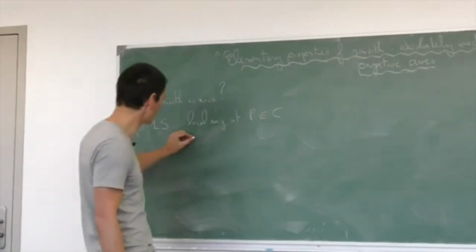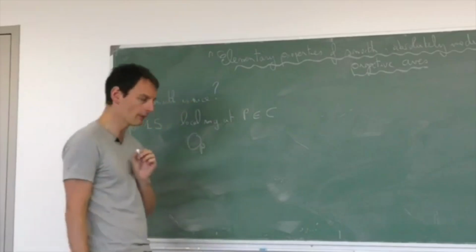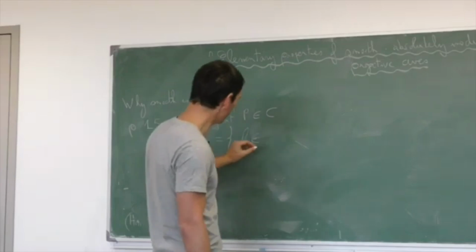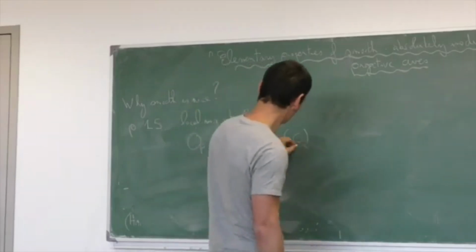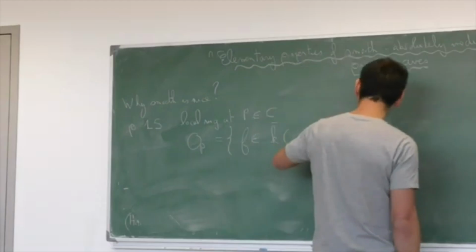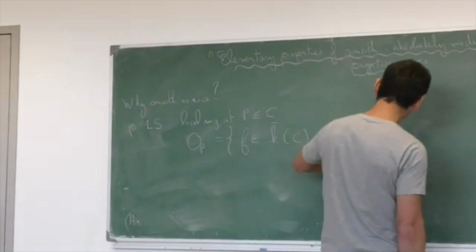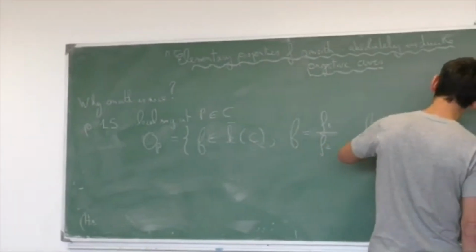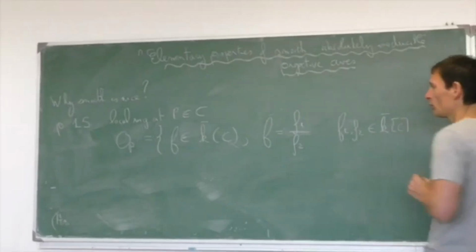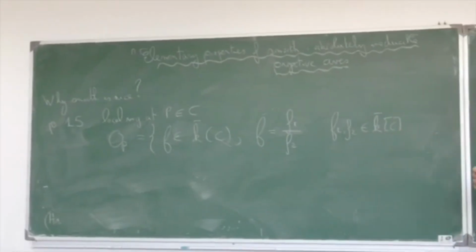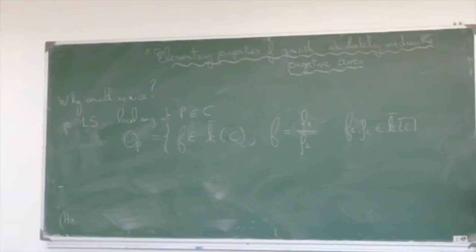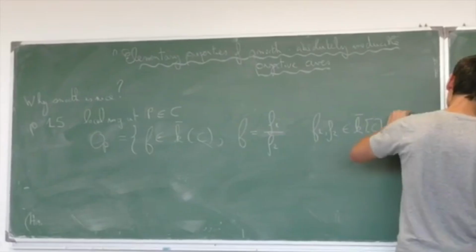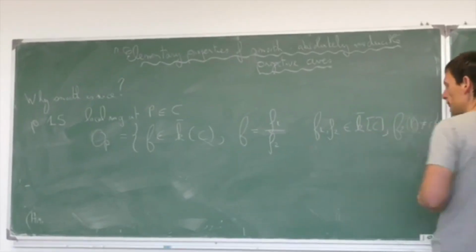The local ring, which is denoted O_P in the course, is going to be the set of all the functions on the curve such that you can write f as the quotient f1 over f2, where f1, f2 belong to the coordinate ring, and here I'm really speaking about affine curves. And I'm asking that f2 at P is not 0.